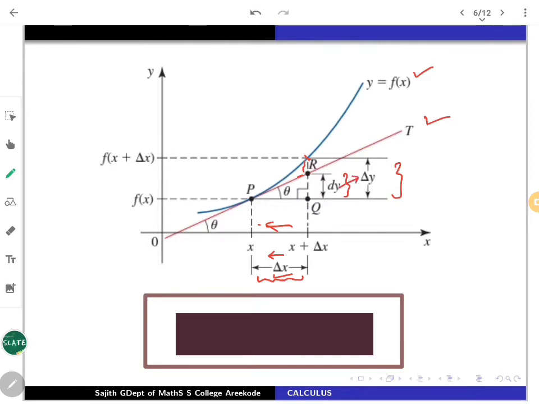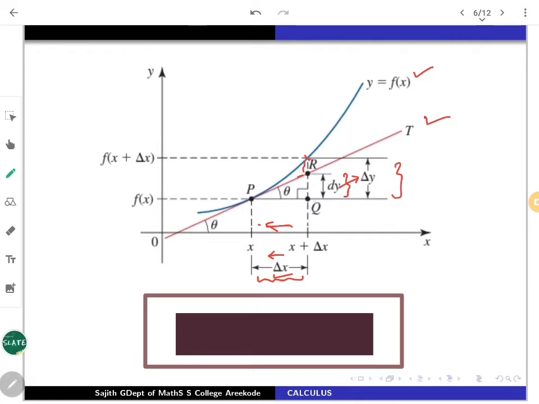I am marking this QR, this length. Whenever I make delta x small, dy gives us an approximation of delta y. This is geometrically what happens. Now what is dy? That you will check now.